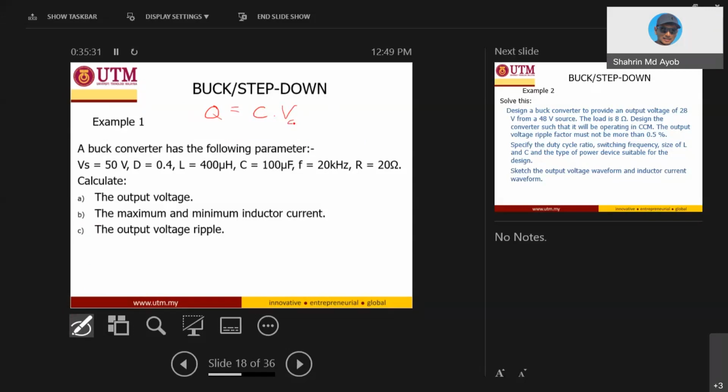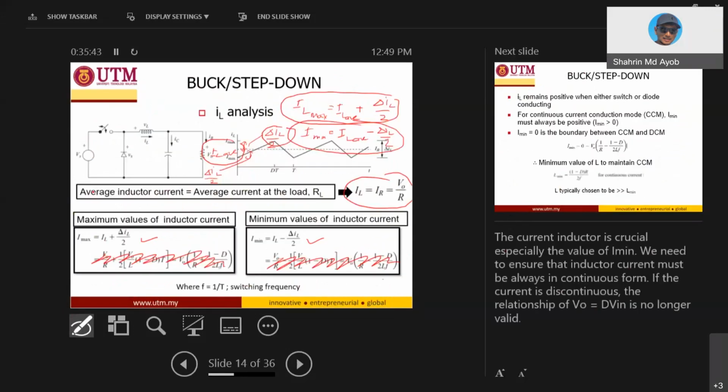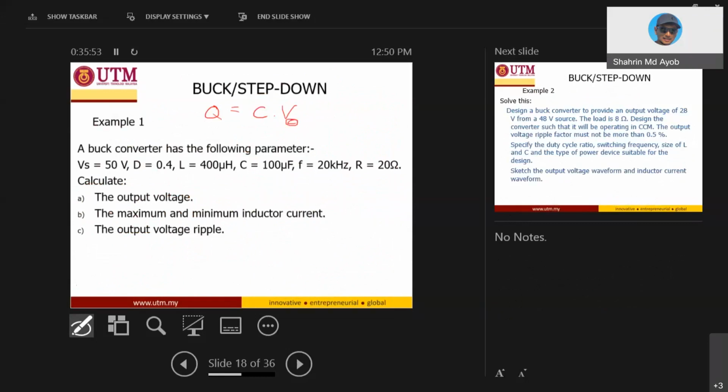Okay. So right now we know that the voltage across the capacitor is equal to your V out, right? If you refer to these circuits, this capacitor voltage is V out. So that's why here your Q is equal to C multiply V out.